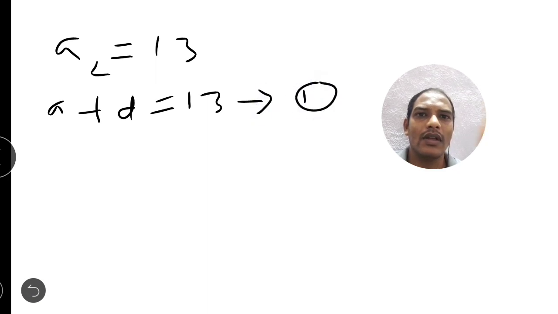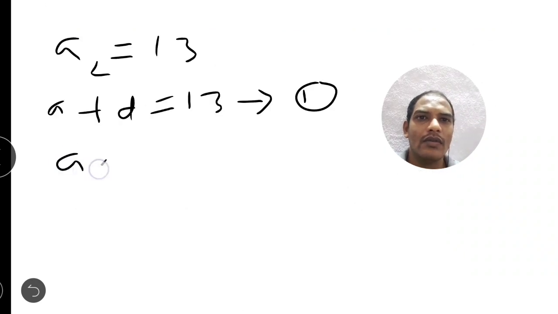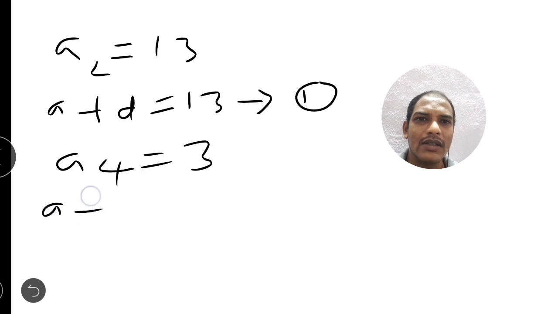Equation 1. Next, A4 equals 3. As per the general form, A4 means a plus 3d equals 3.